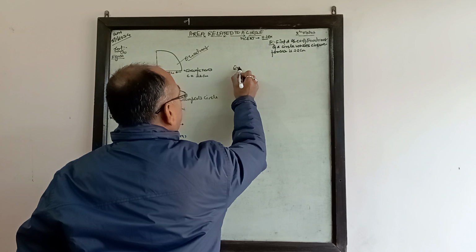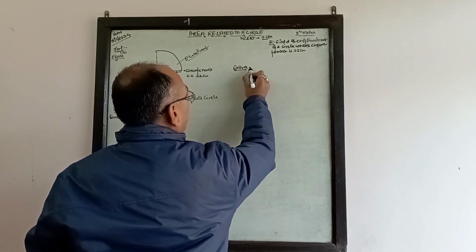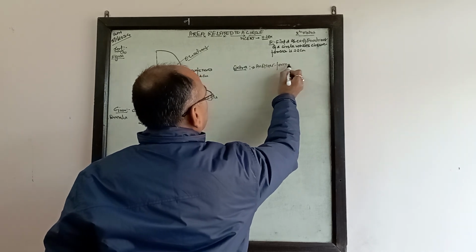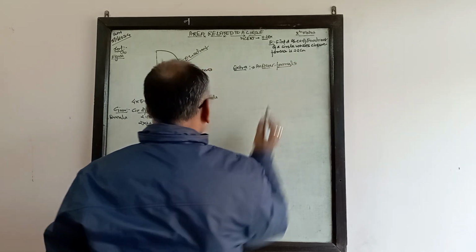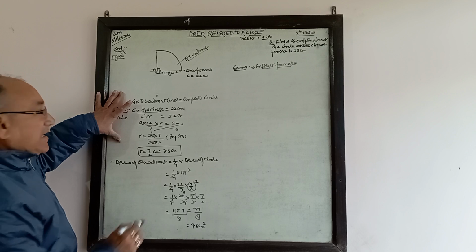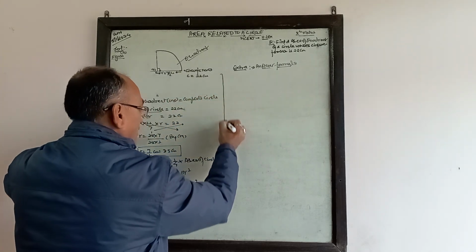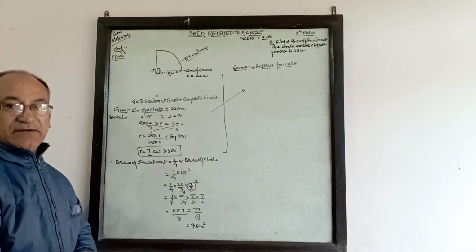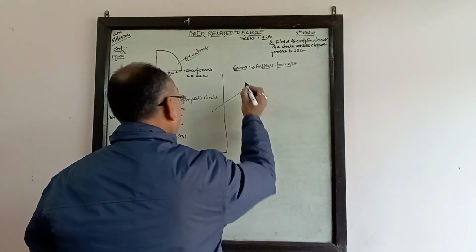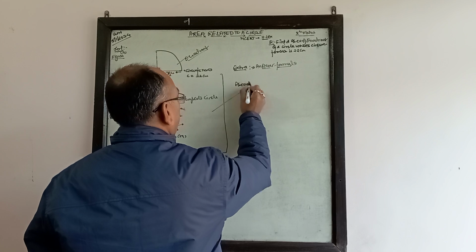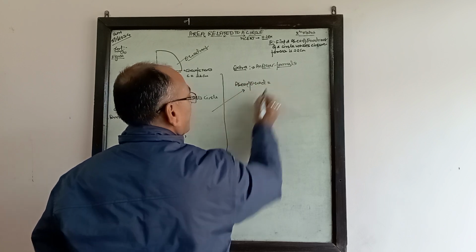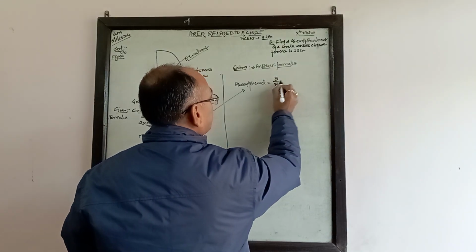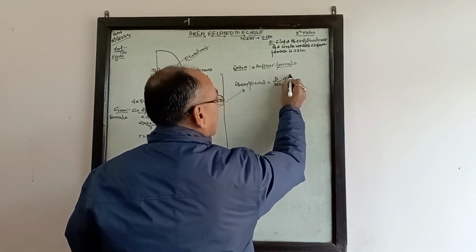But if someone asks you what another formula you can use, can you use a second formula? Yes, this whole one, this part you can also use. Yes, sir. But now the another formula which you have to find out: area of quadrant is equal to theta by 360 into pi r square.